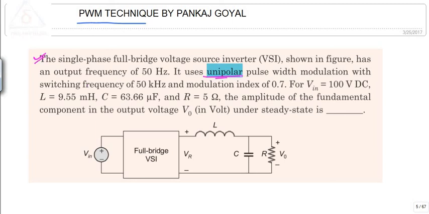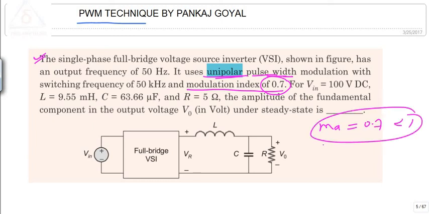Here the unipolar PWM case is taken and the modulation index is given as 0.7. If the modulation index is 0.7, it means it is less than 1. So it is the case of under modulation.